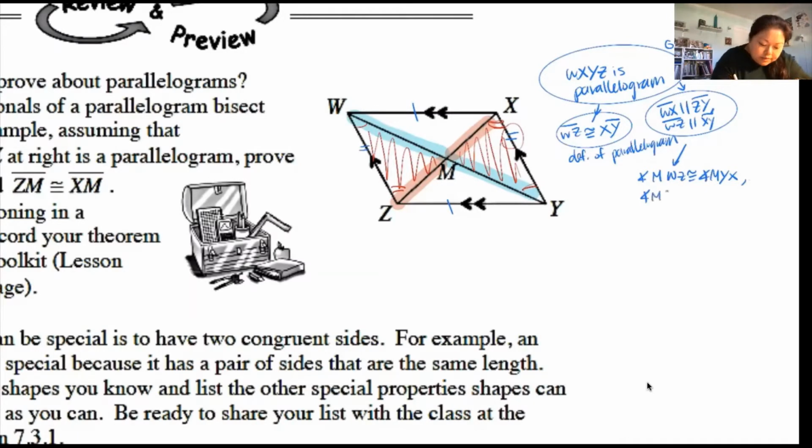So angle MZW is congruent to angle MXY, and that's because these are alternate interior angles, okay?